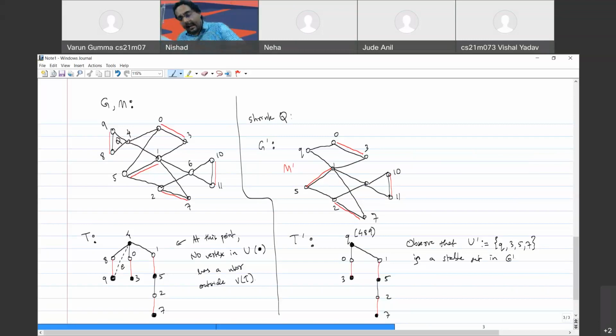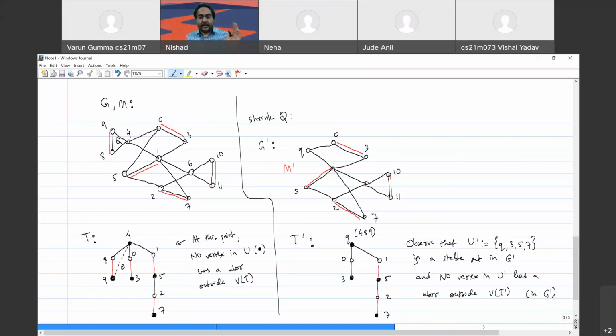Observe that. And no vertex in U prime has a neighbor outside the vertices of T prime in the graph G prime. Okay. So we have reached a similar situation to the bipartite case, right?